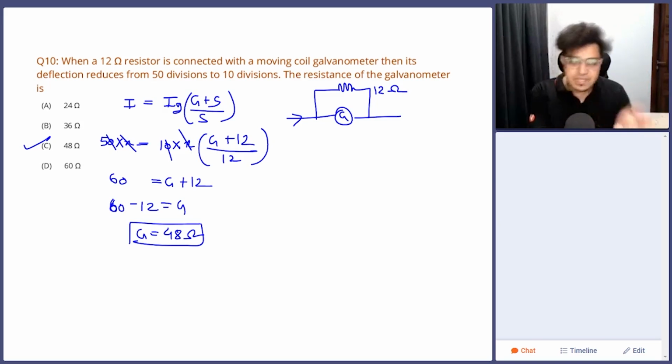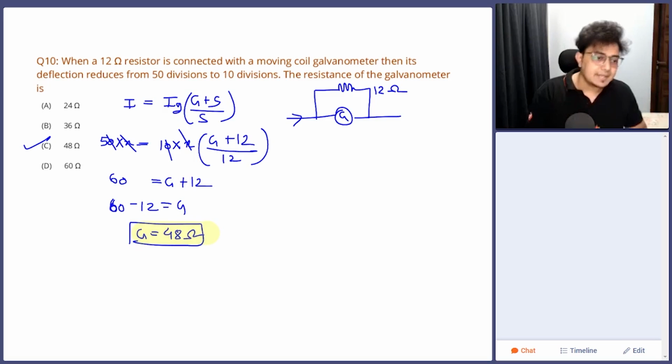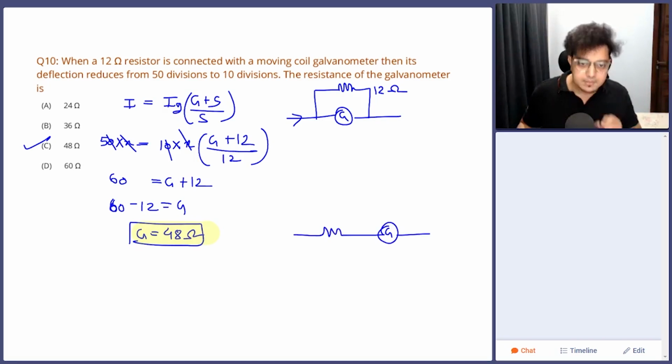How to relate divisions with current, that part is clear. Every division corresponds to X amount of current, so 50 divisions is 50 into X. So 48 is the resistance of the galvanometer. You can also try by this assumption, put a resistance in series combination, and then try to solve.